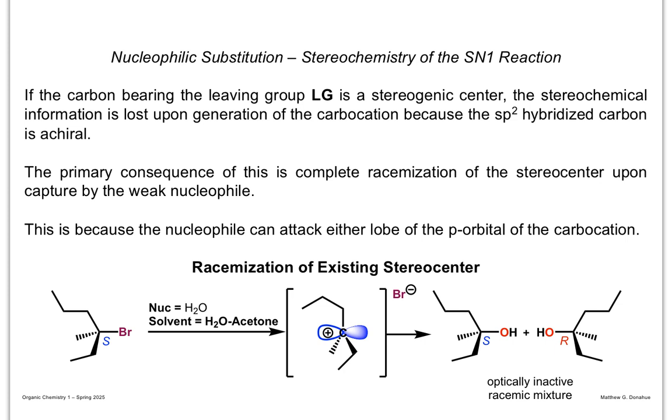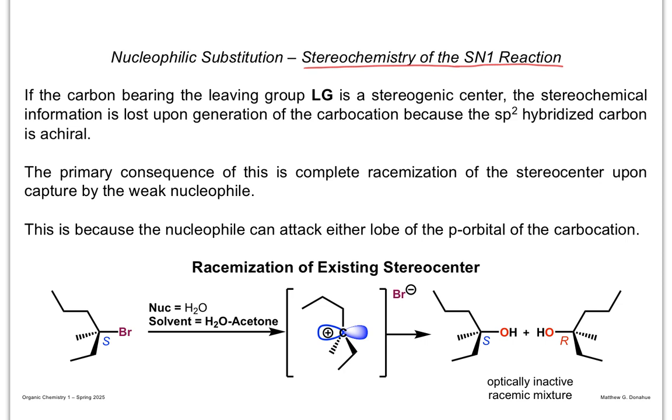The next aspect of this is if you're starting with a stereogenic carbon, what happens in terms of the stereochemical result of the reaction. So whereas SN2 gave you complete inversion, SN1 gives you racemization. And that is because of the nature of that carbocation intermediate.